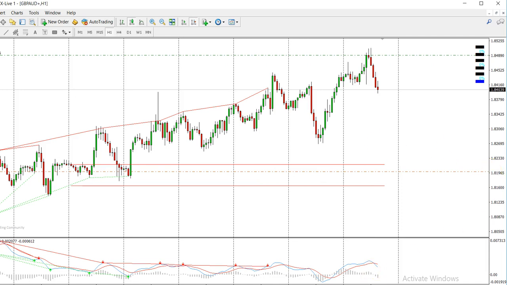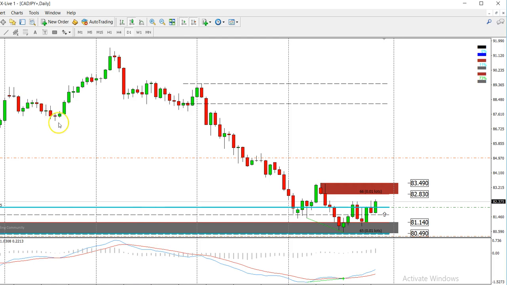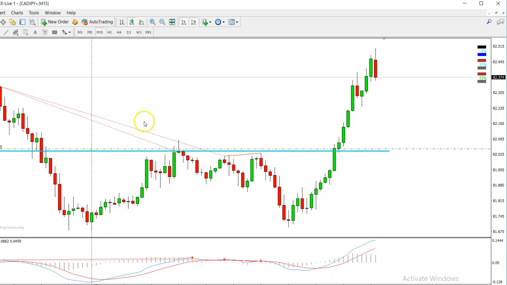Also, if you were in the Facebook group yesterday, or the YouTube live call yesterday, the webinar, we took this trade on the CAD Japanese yen.